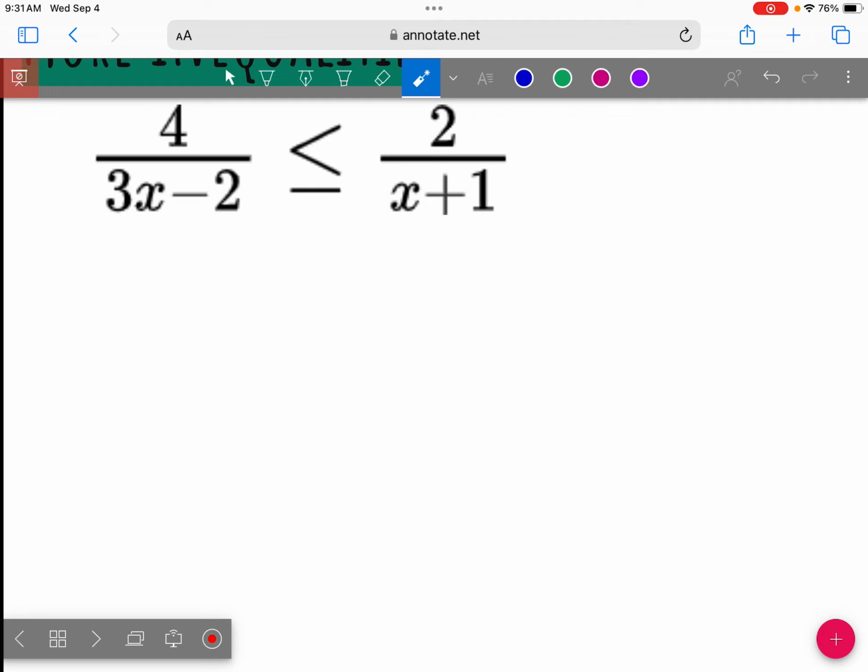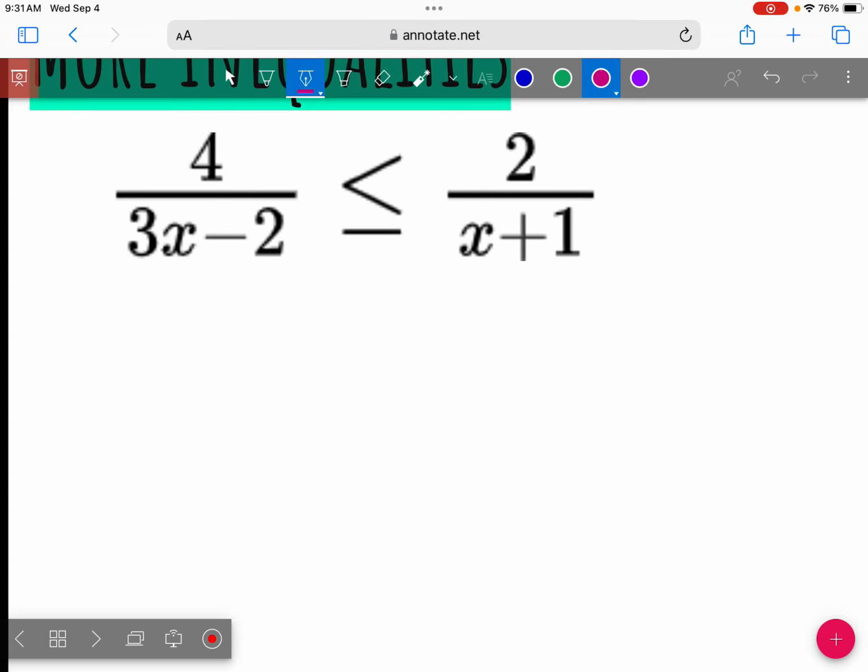What do we need to do first? Set it equal to 0. It has to be set equal to or inequality 0, with 0 on one side. So I'm going to subtract my 2 over x plus 1 over.